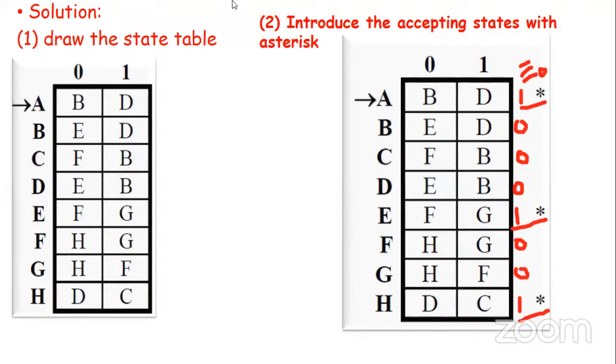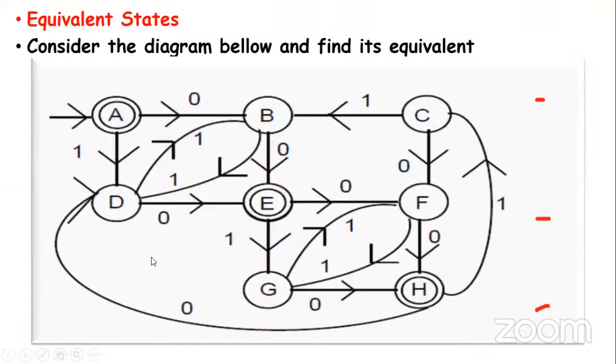Not really. Okay. So what I'm saying in essence is this. You understand why we put this as an asterisk, right? Why we put the asterisk here is because they are accepting states. Let's look at the state diagram again. You can see A is an accepting state, E is an accepting state, and H is an accepting state.